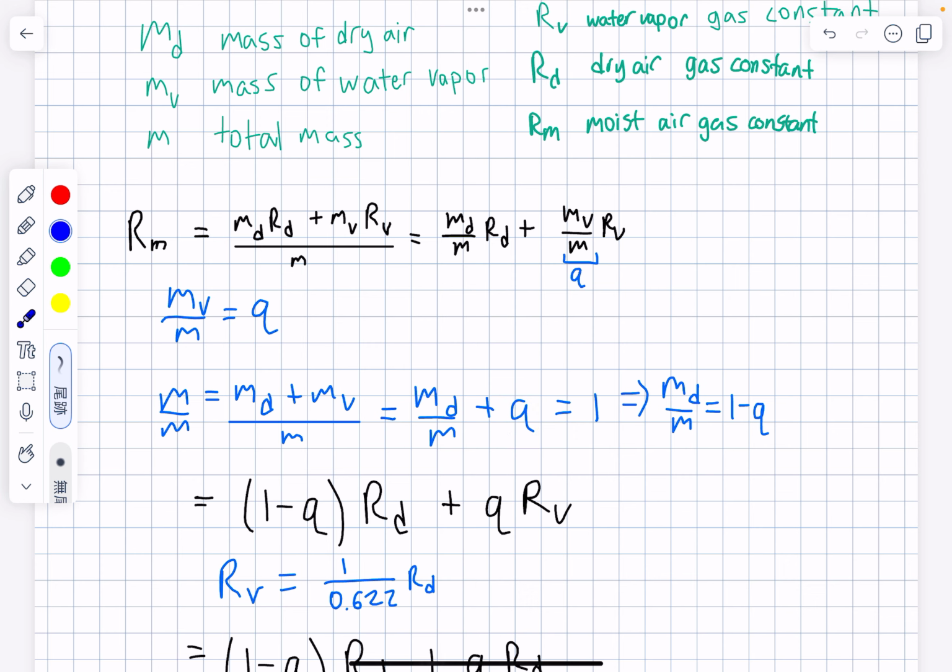And now we can subtract q on both sides, and we're left with the dry air mixing ratio md over m is equal to 1 minus q. And that's just in a situation where we only consider dry air and water vapor.